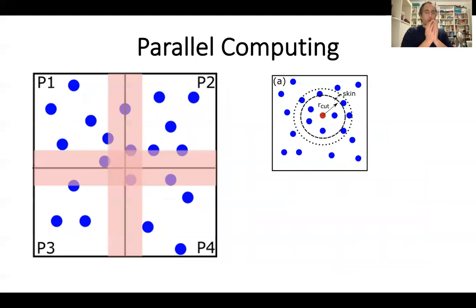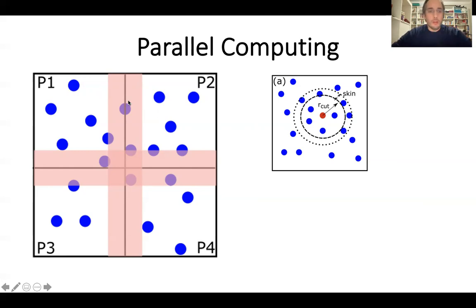So what we can do is divide the space into equal sized regions and send them to different processes or different cores or whatever you use. So you have this space divided into regions with different numbers of particles, and you can send them to different processors, but you still need to communicate once in a while, because particles change from one side to the other.